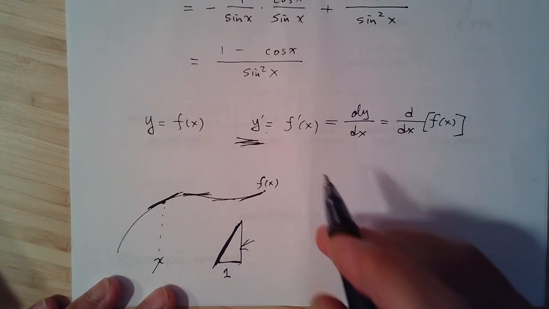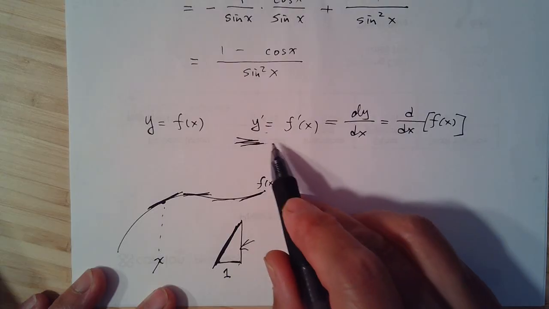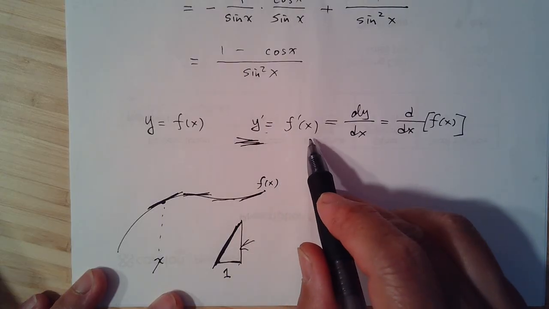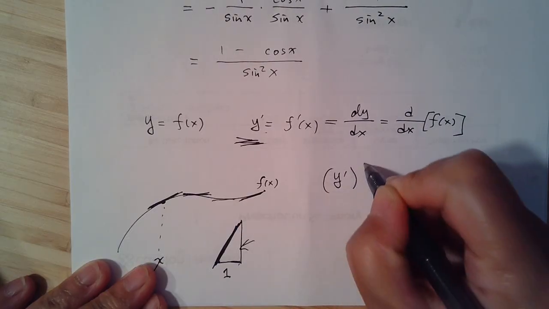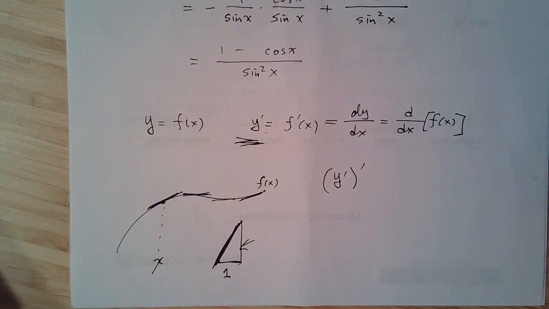Make sense? So y prime is again a function of x. Then you can take the derivative of that again, right? It's called the second derivative.